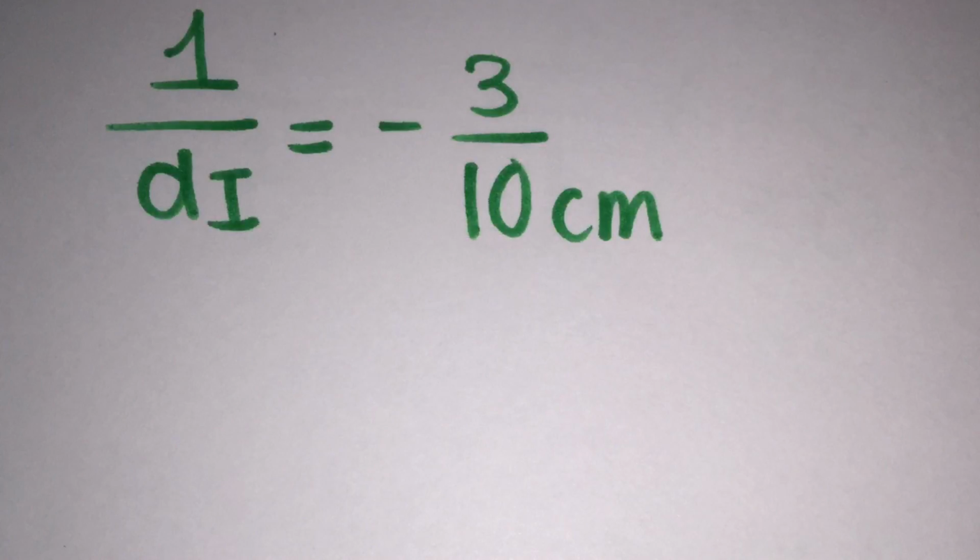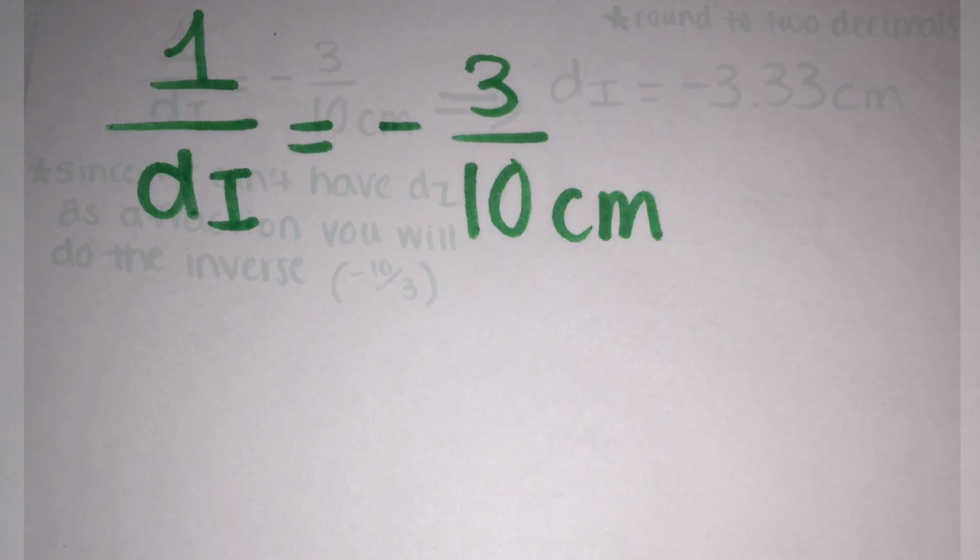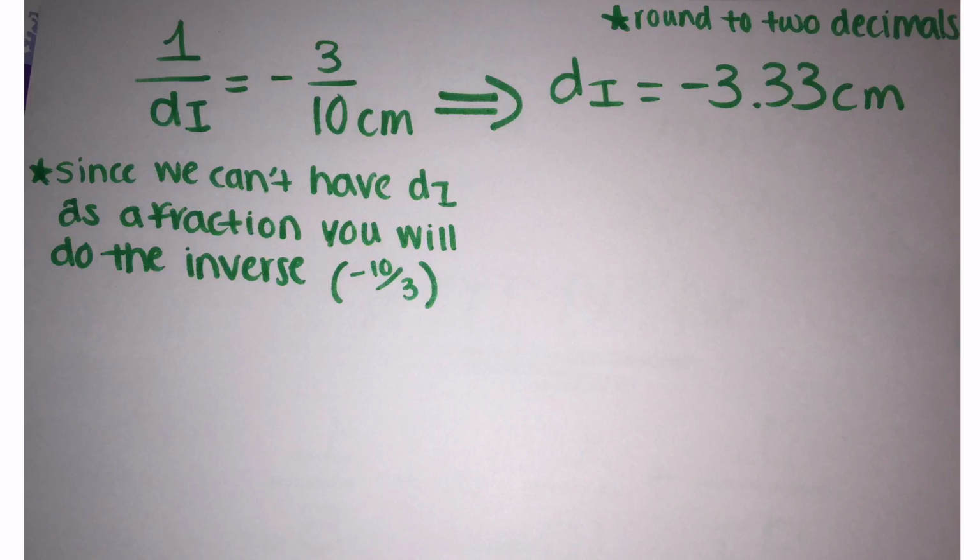You will then be left with negative 3 over 10 centimeters. Since we have dI as a fraction, you will have to do the inverse. Once you find the inverse, you will be left with negative 3.33 centimeters, rounded to 2 decimals.